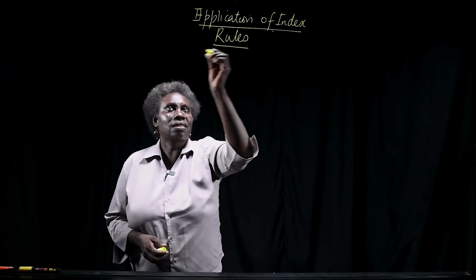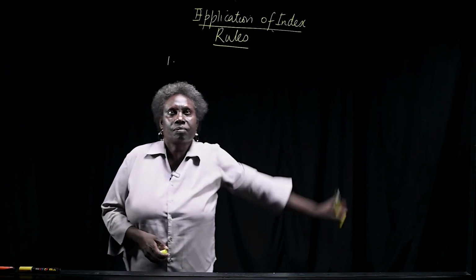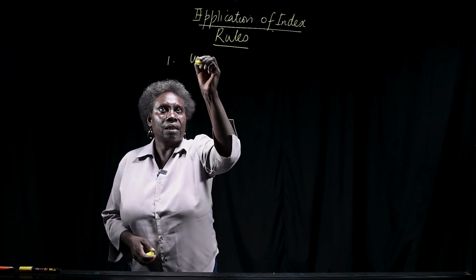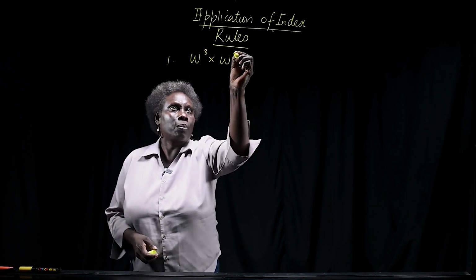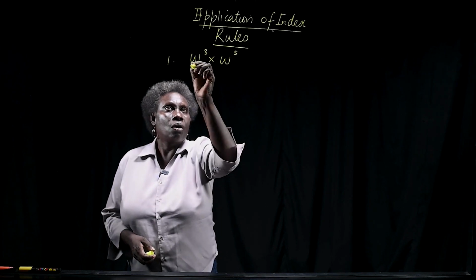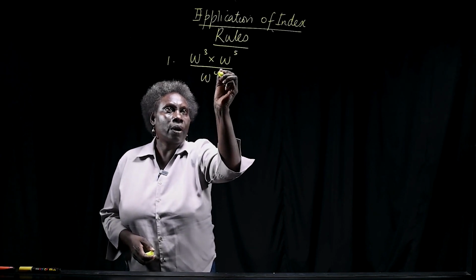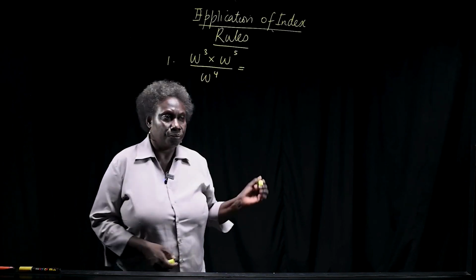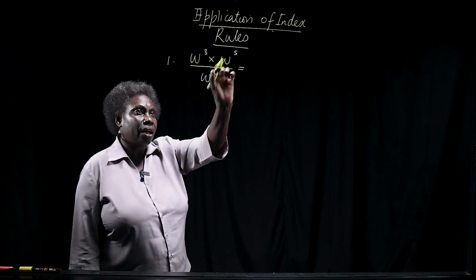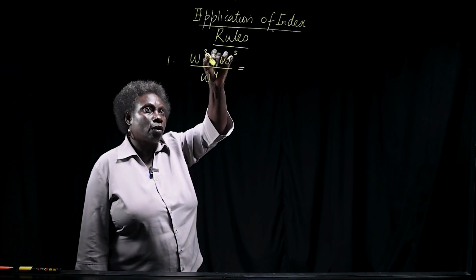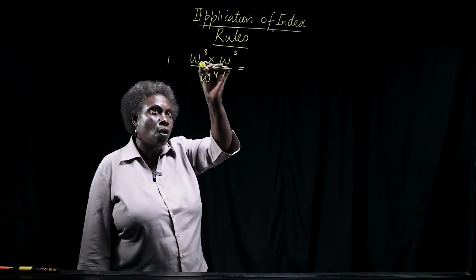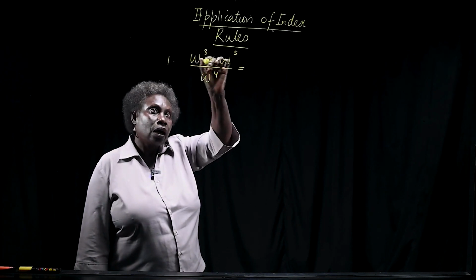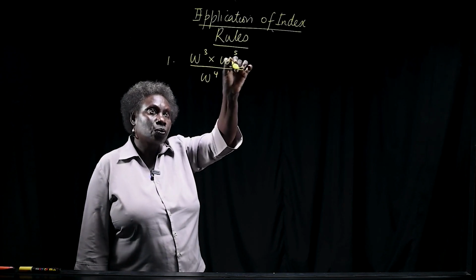Okay, let's look at example number 1. I have w to the power of 3 times w to the power of 5 over w to the power of 4. Now, when I have this, I can use the law of multiplying indices with the same base.